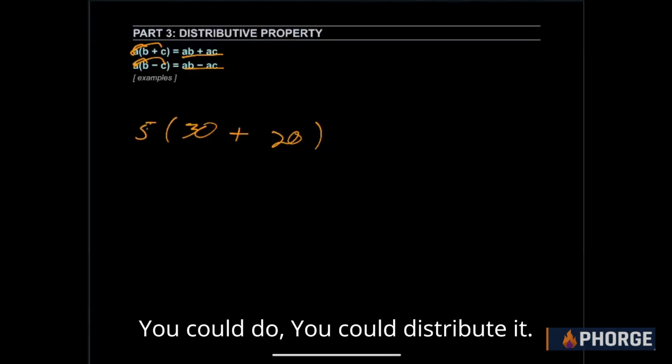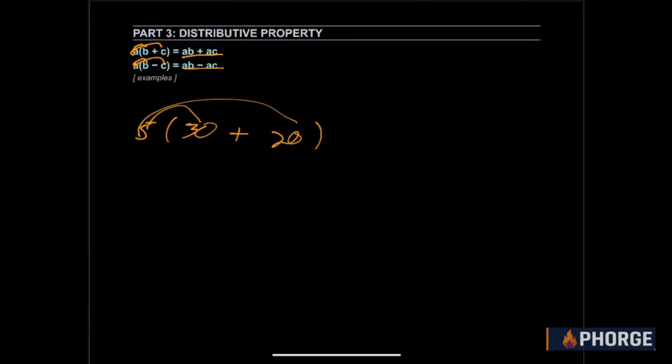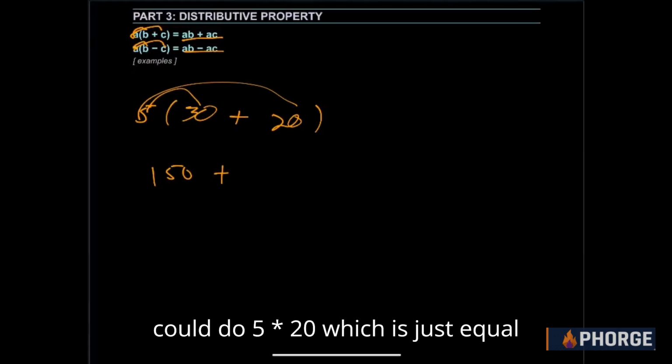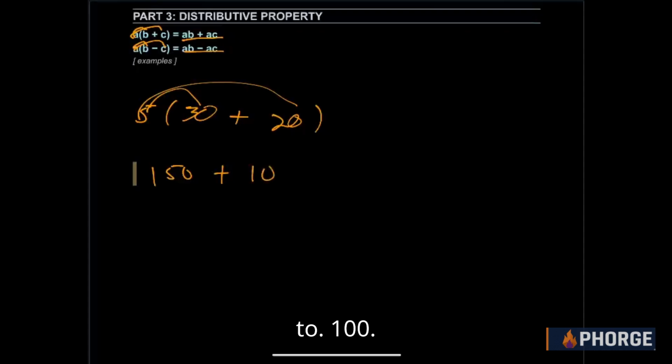You could distribute it. 5 times 30 is 150, and then 5 times 20 is equal to 100.